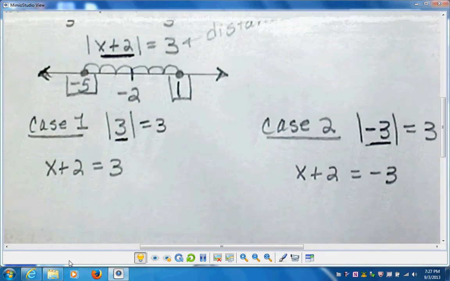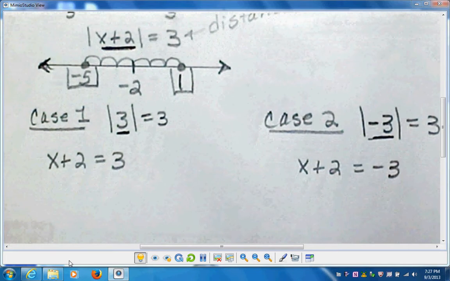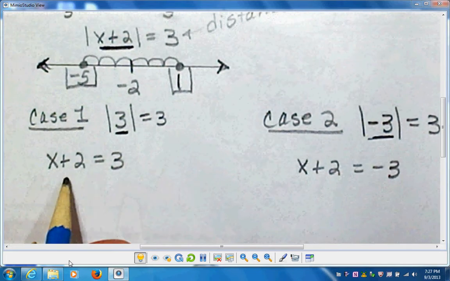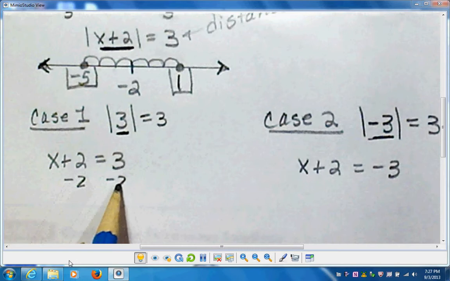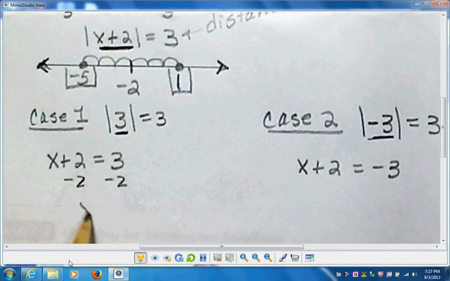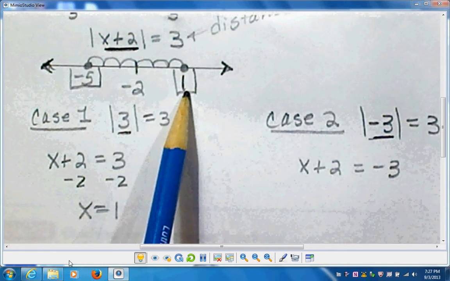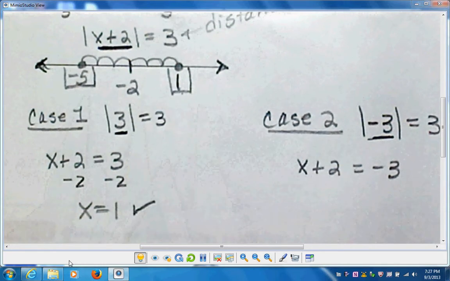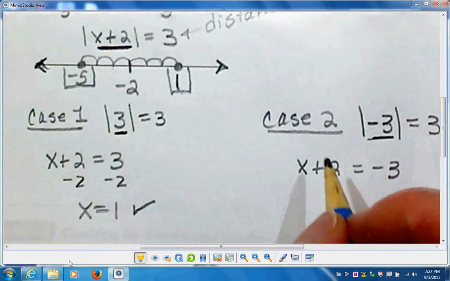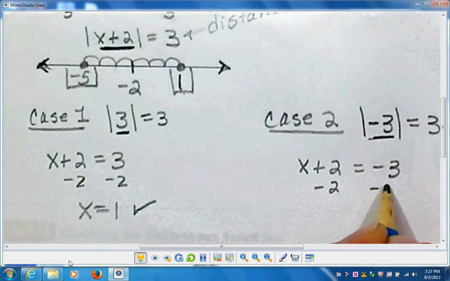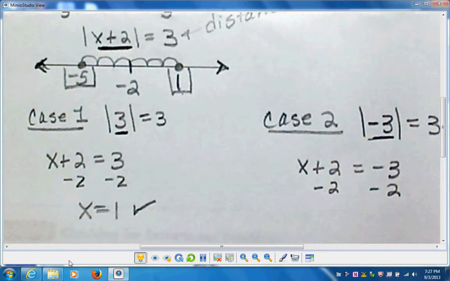So we're going to continue using PEMDAS backwards, and we're going to solve these. They're pretty straightforward. So this is subtract 2 on both sides. So look what I got. I got x equals 1. That's what I got on my number line. That must be right. Now I'm going to subtract 2 on both sides for my case 2 problem.